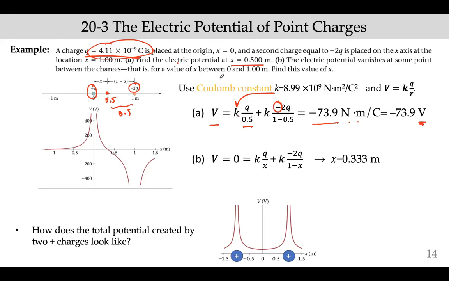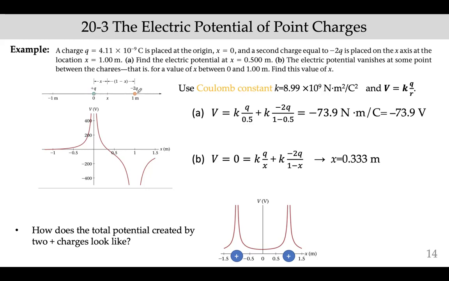In the second part of the problem, part B, the electric potential, or just potential, vanishes at some point between the charges, that is, for a value of x between 0 and 1. So in this case, x is not 0.5, but it's somewhere in between 0 and 1.